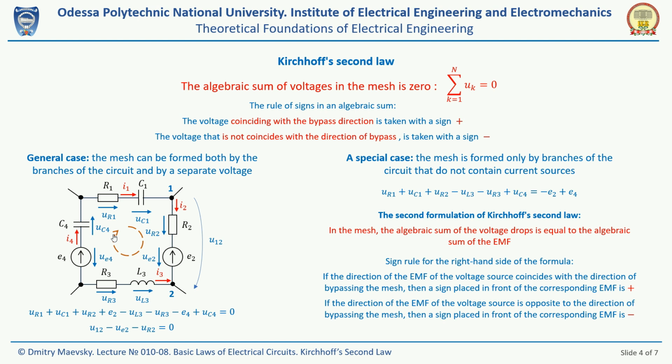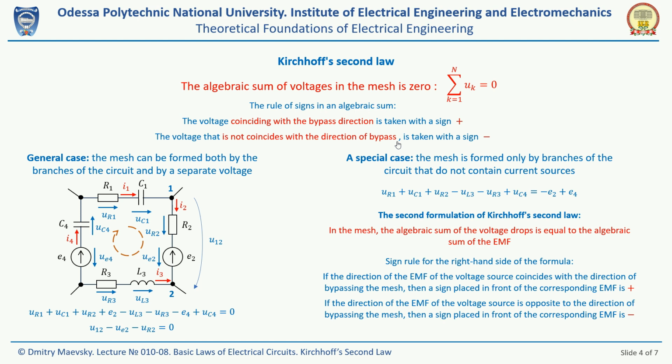The rules are: if the voltage coincides with the positive direction of the bypass, it will be taken with a plus sign. And if the voltage does not coincide with the direction of bypass, we will take it with a minus sign.